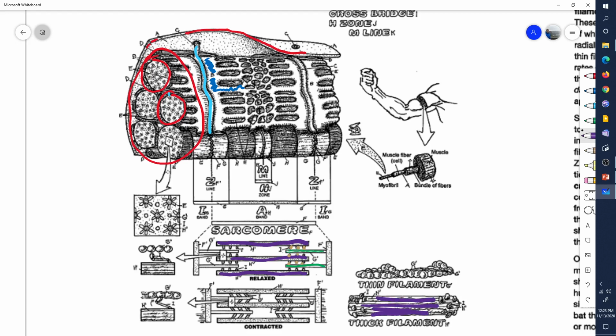Note the thin filament called actin. I'll make that in green. So this is actin, and this is myosin.